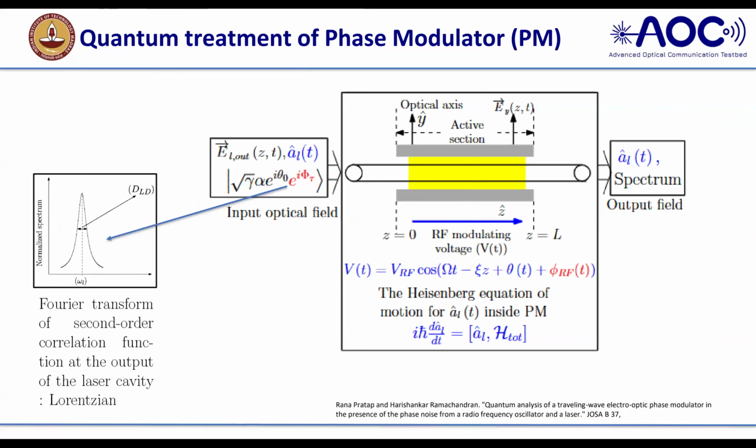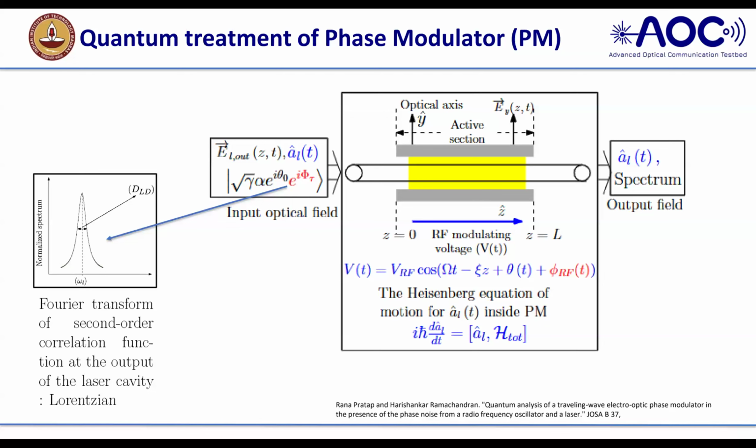Zeta is nothing but the phase matching condition, because the photons come from the laser with a different speed than the field coming from the RF. This is taken care of by the phase matching condition. Then theta(t) is my data bit, 0 and 1, and this is the phase noise attributed to my RF.